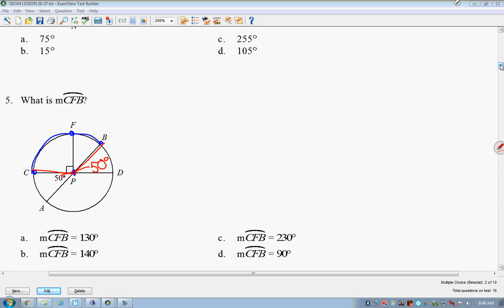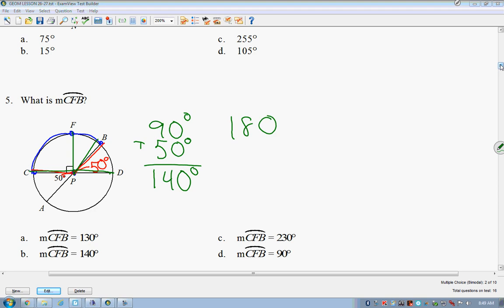Okay, so look at this. This line right here is how many degrees? 180 degrees. Out of those 180 degrees, I'm aware of 90 degrees and 50 degrees. What I don't know is what that angle right there is. So out of the 180, I know for sure 140 of them, correct?